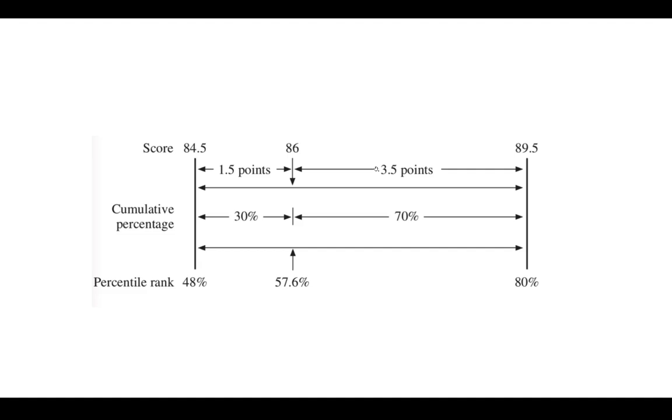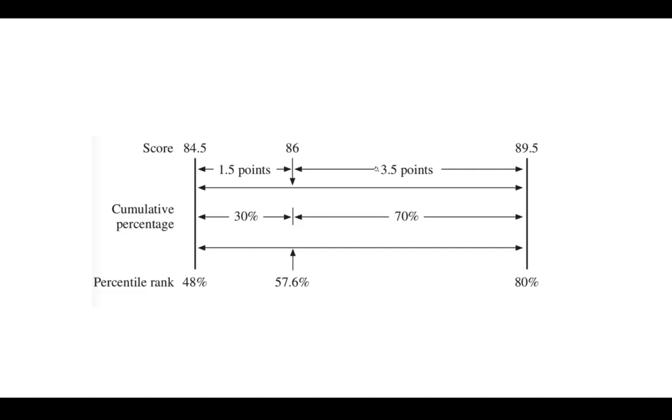So if you multiply 0.3 times 32, you get 9.6. So we have to add 9.6 percentage points to 48 to get 57.6, which is the percentile rank for a score of 86.